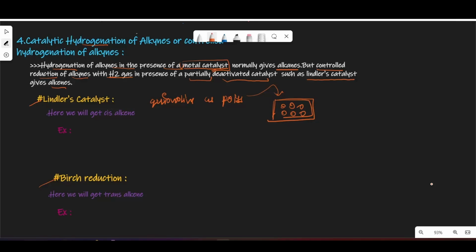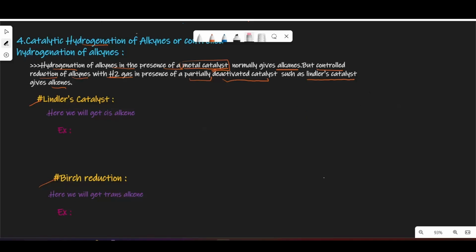If you add this quinoline, it will reduce the surface area and also reduce the reactivity rate. That's why we will get an alkene as a product, or else we will get an alkane as a product. This is all about why we are using quinoline as a poison.